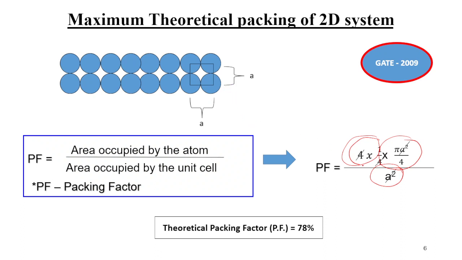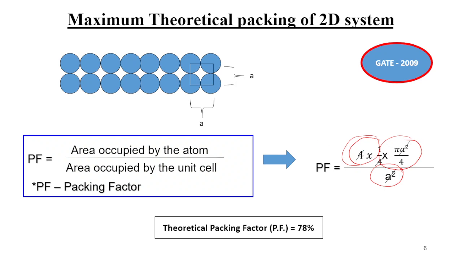That is why we have 4 into 1 by 4, right? And then, as we know, the area of the circle is pi r square, and the whole area of the unit cell is a square. So this is the area of the circle, the area of the square.